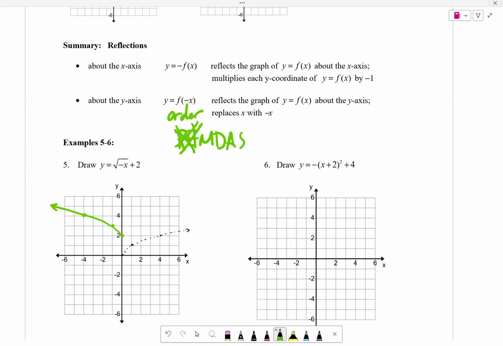So all we care about is multiplication, division, addition, or subtraction. For multiplication and division, it doesn't matter which comes first, does it? So always do multiplication, division, then addition, subtraction.